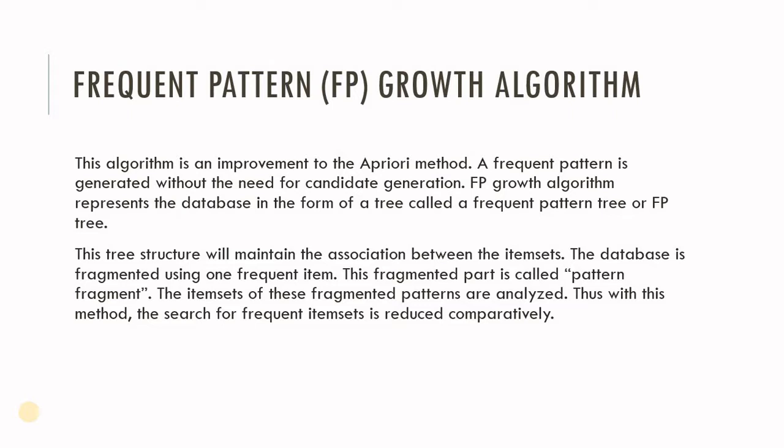This tree structure will maintain the association between the item sets. The database is fragmented using the one frequent item. This fragmented part is called the pattern fragment. The item sets of these fragmented patterns are analyzed. Thus, the search for the frequent item sets is reduced comparatively.